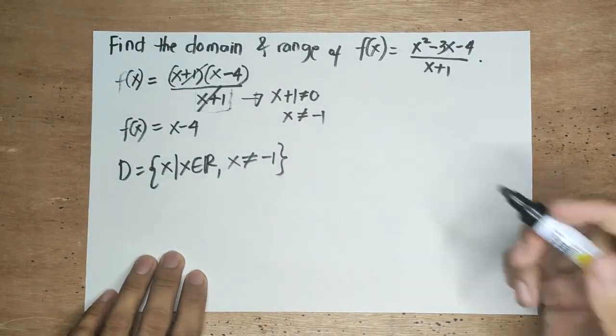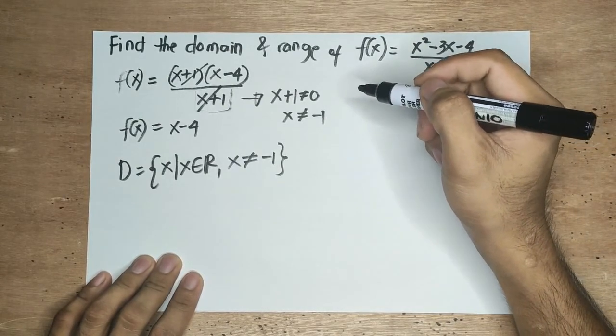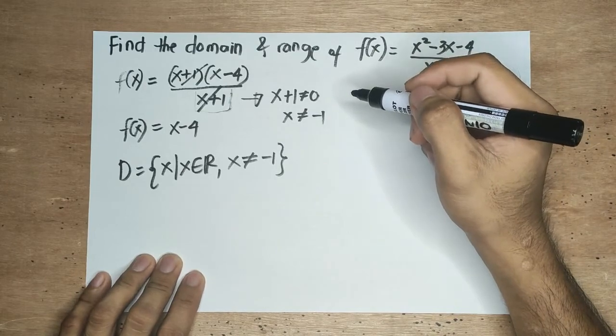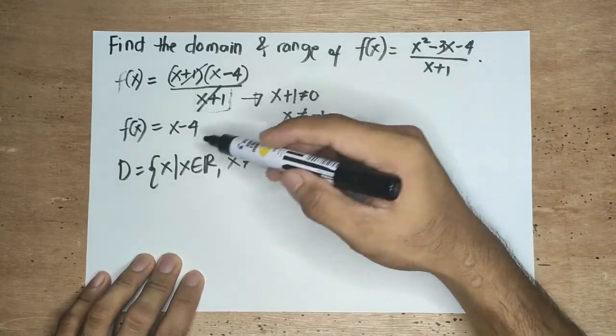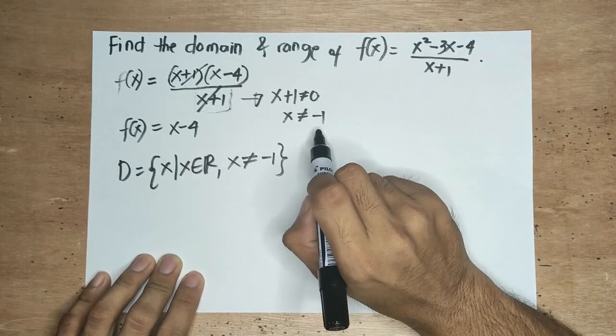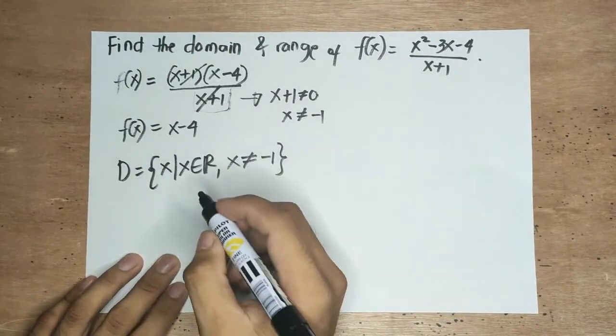Okay? So, for us to find the range, mahanap natin yung range ng ating function if we try to substitute negative 1 here, and then yung magiging value ng y natin after substituting, yun yung i-disregard natin. Okay? So, how are we going to do that?